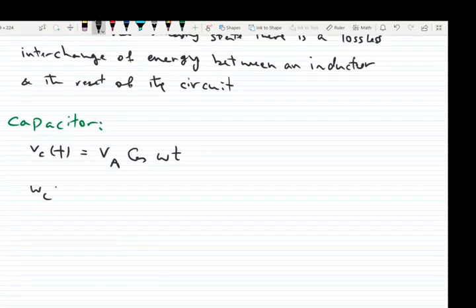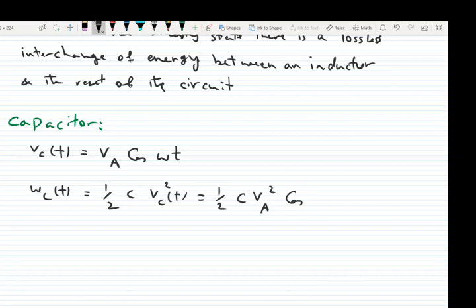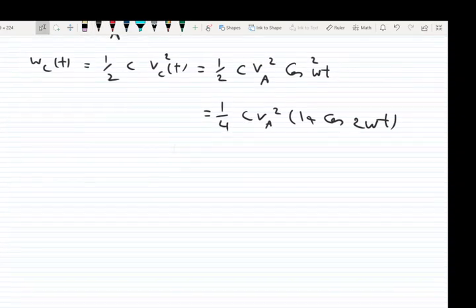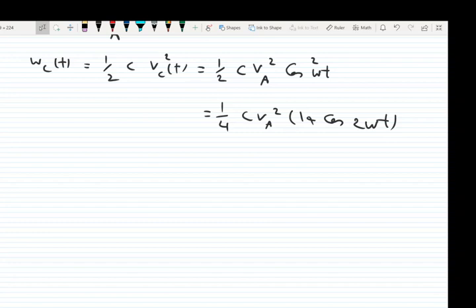And of course, the energy in a capacitor is 1 over 2 C vC(t) squared, which is equal to one half of C VA squared cosine of omega t squared, or 1/4 of C VA squared times (1 plus cosine of 2 omega t). So this one is the energy in a capacitor.